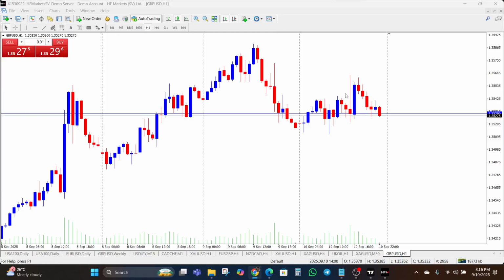Backtesting is the process of applying your trading strategy to historical data to see how it would have performed in the past. The idea is pretty simple. If your strategy has shown consistency on past price movements, then it might be worth testing further in live or demo conditions.